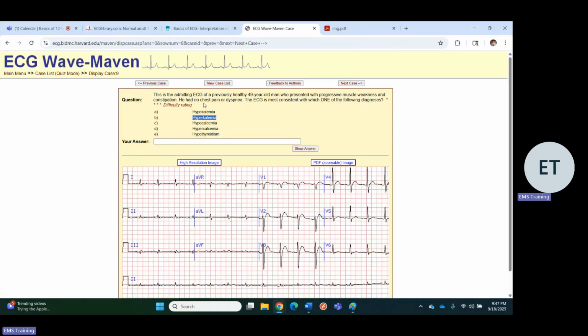The weakness supports, well, really any electrolyte abnormality can cause weakness. But it actually supports hypercalcemia the best. It may be hypokalemia. Hypokalemia supports constipation more.